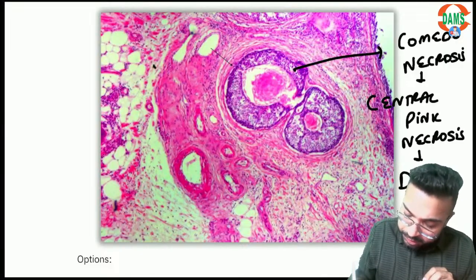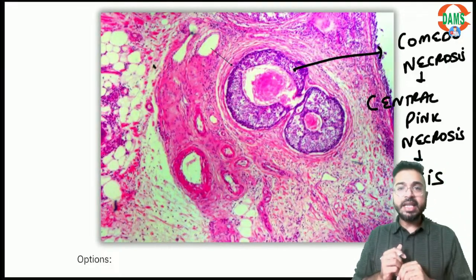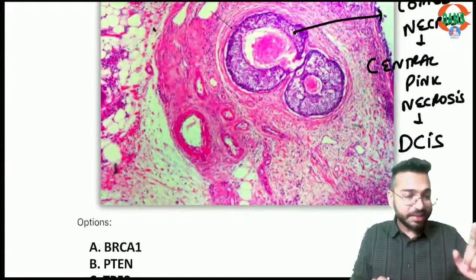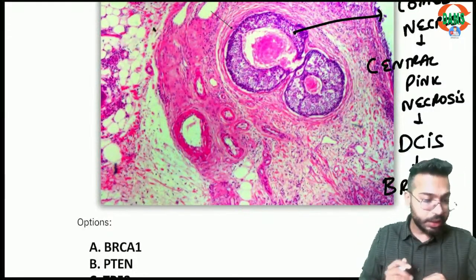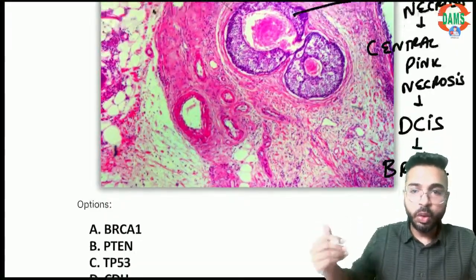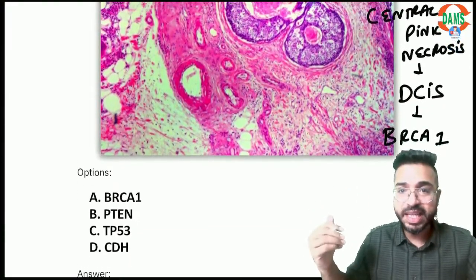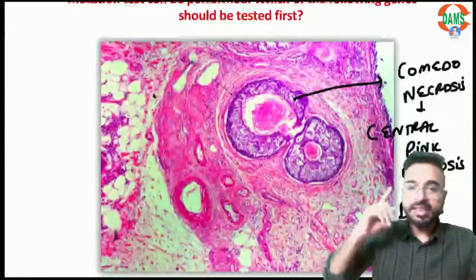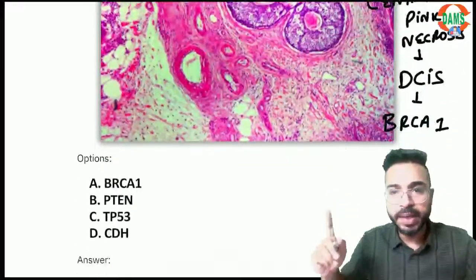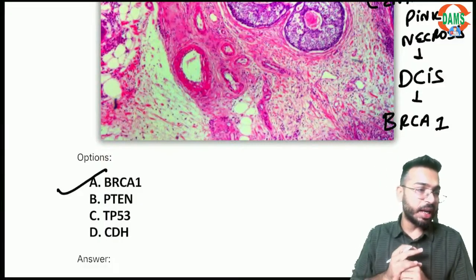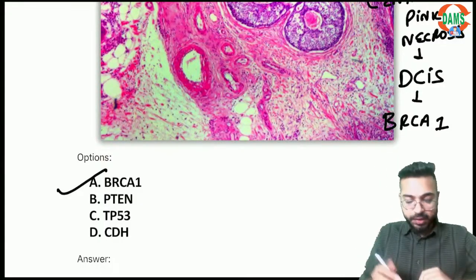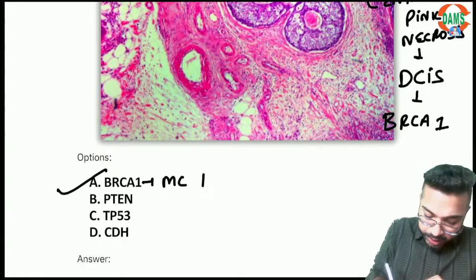Central necrosis is directly seen in DCIS, ductal carcinoma in situ, and ductal carcinoma in situ is commonly seen in patients with the BRCA1 gene. Even though there was no correlation with the history, the single gene that you will go for in breast cancer is BRCA1. We discussed Angelina Jolie in the class also. BRCA1 gene is the most common inherited gene associated with breast cancers.